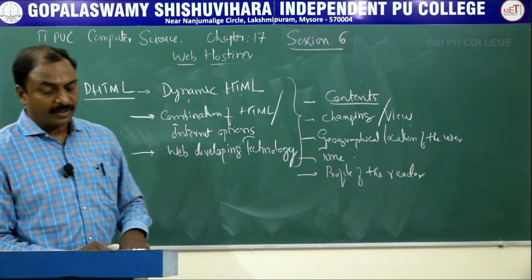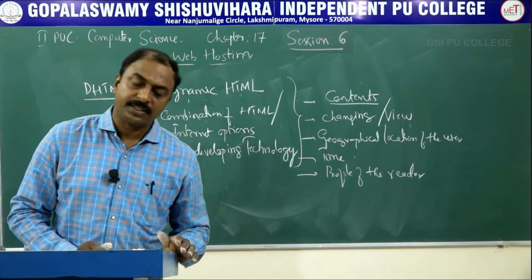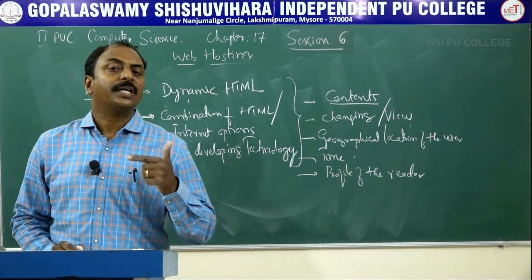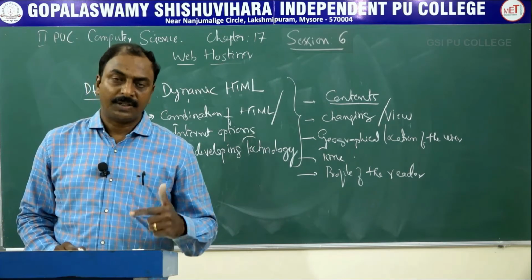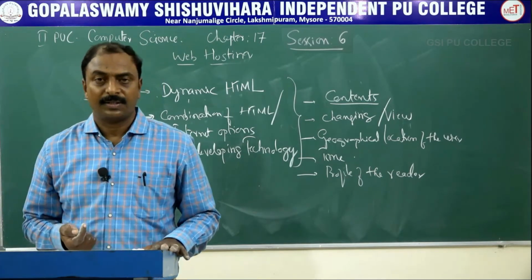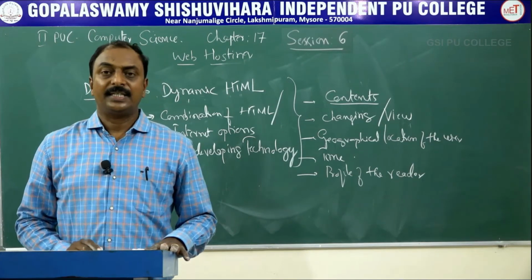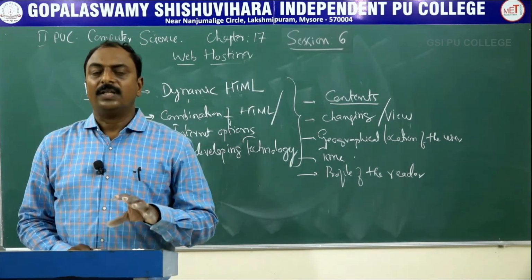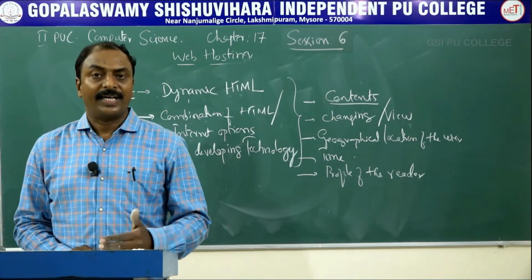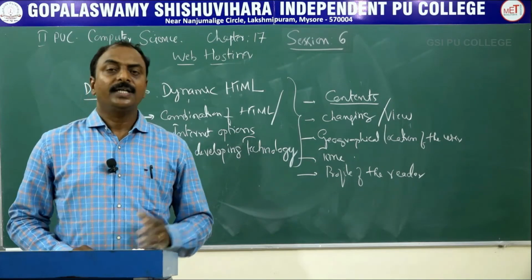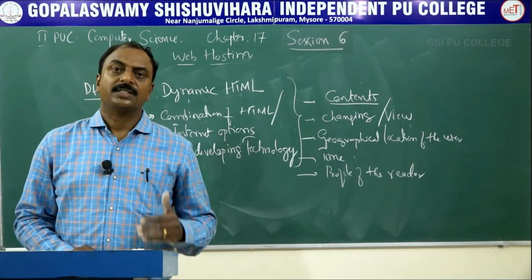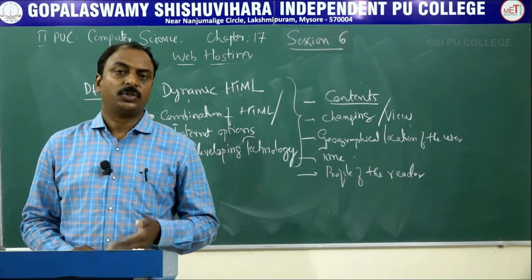Next one is profile of the reader. You might have come across some examples through the internet. Suppose you click on any advertisement by mistake or intentionally, and you keep on getting the same advertisement for a few more days. That is because within the server or their application, your profile will be read or recognized by the administration people, and they will keep on posting some information, maybe email or pictures, to you.